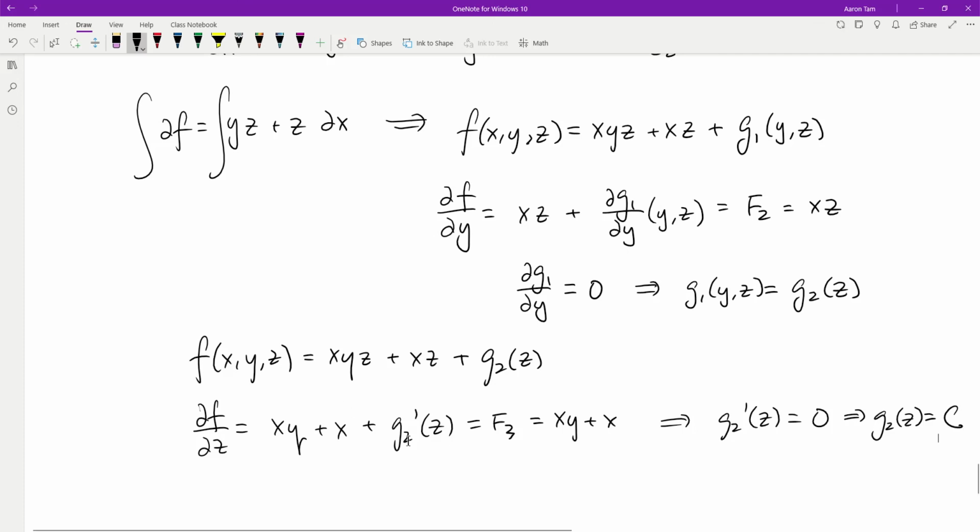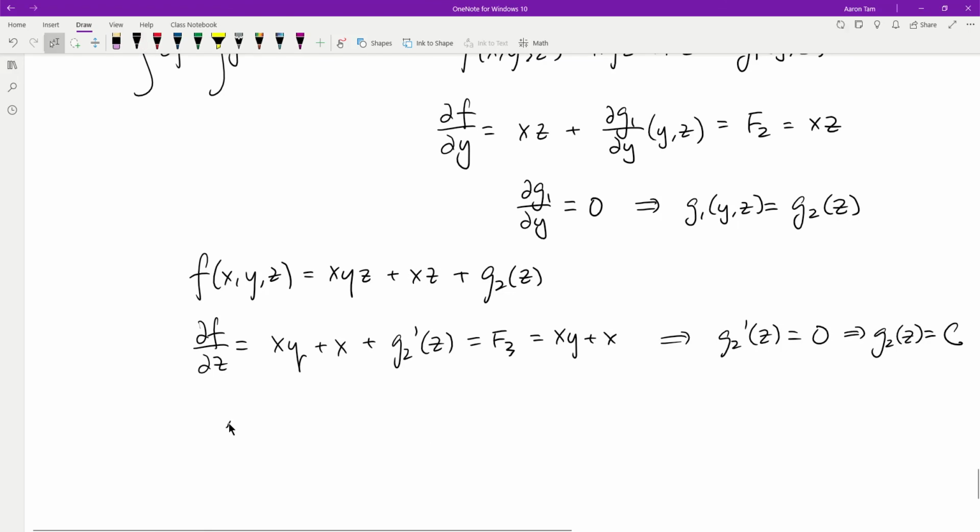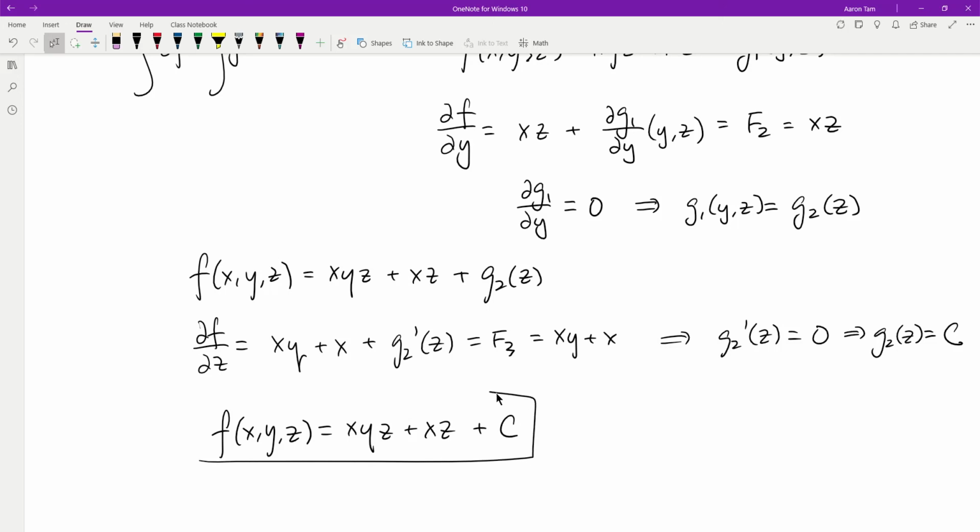And so I can finally put my answer together. That just equals xyz plus xz plus some constant c. So if you take the derivatives with respect to x, y, and z, you should realize that if I take df over dx, I get yz plus z, which happens to be f1.